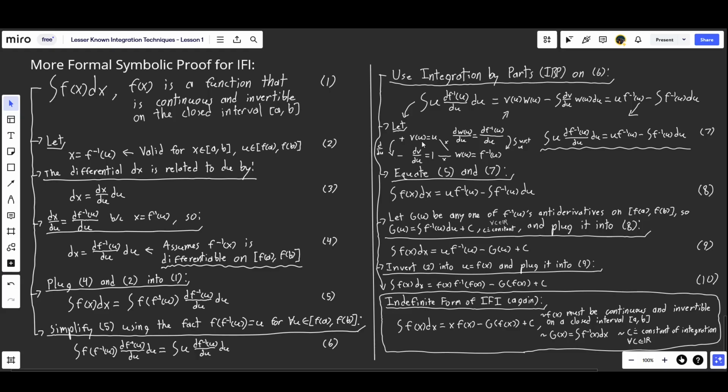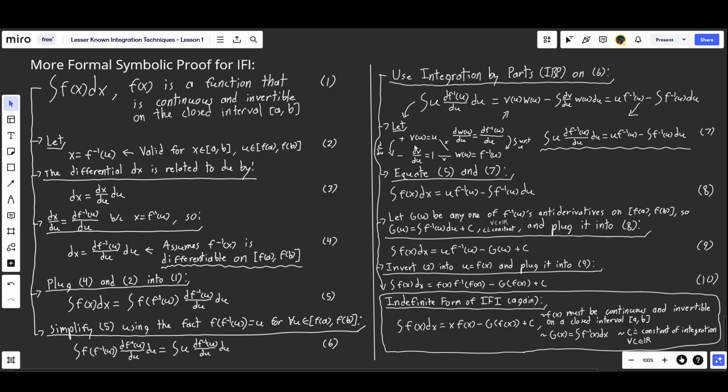By letting v of u be a function that's equal to u, and w of u be a function that, when differentiated with respect to u, equals the derivative of the inverse of f of u with respect to u, we can equate this indefinite integral to v of u times w of u minus the indefinite integral of the derivative of v of u with respect to u times w of u.